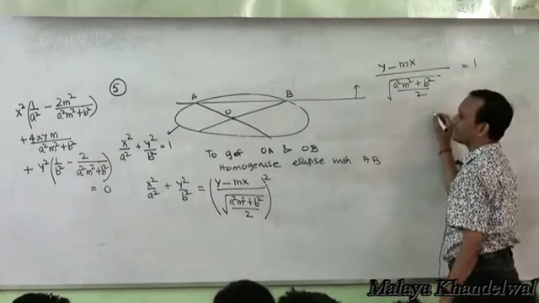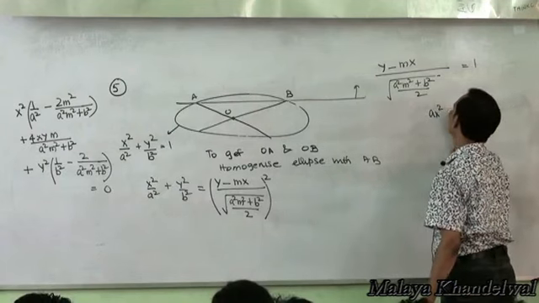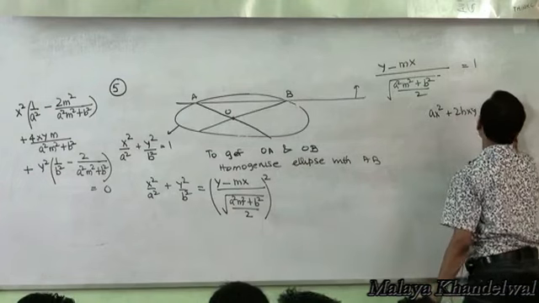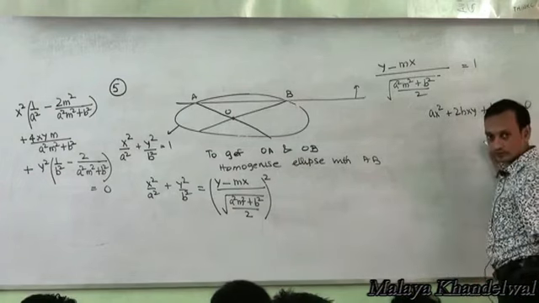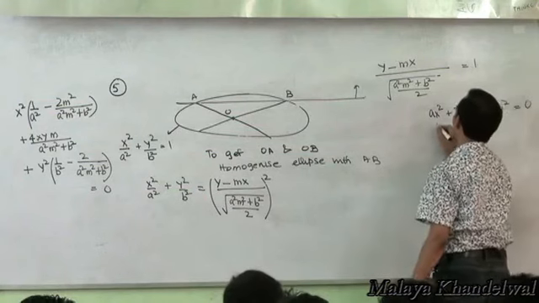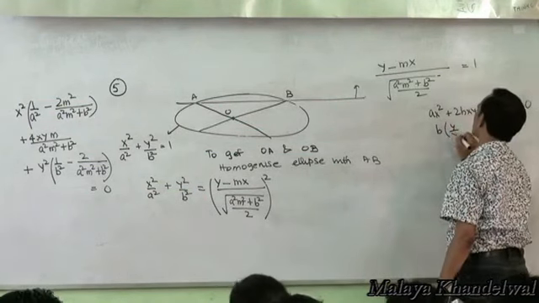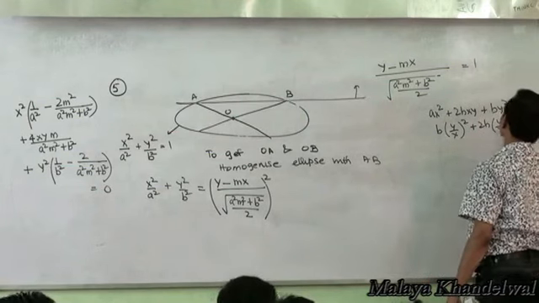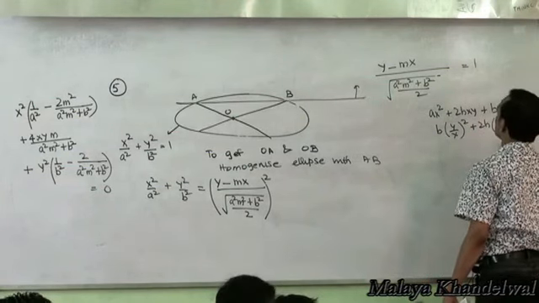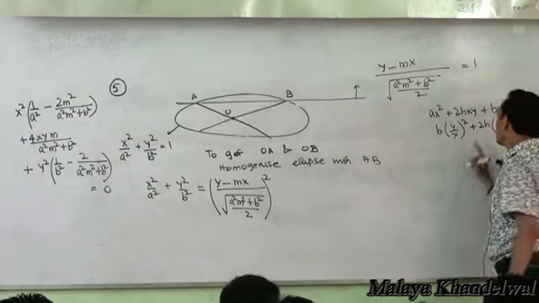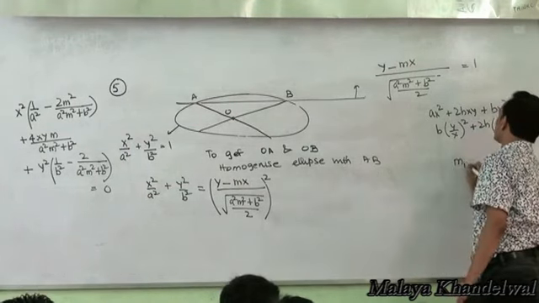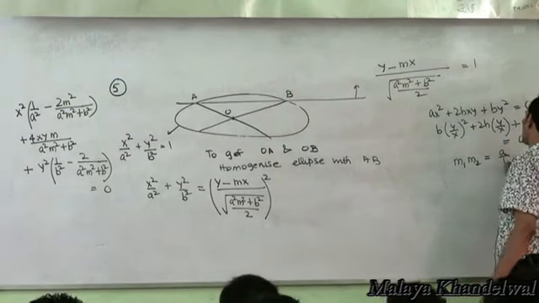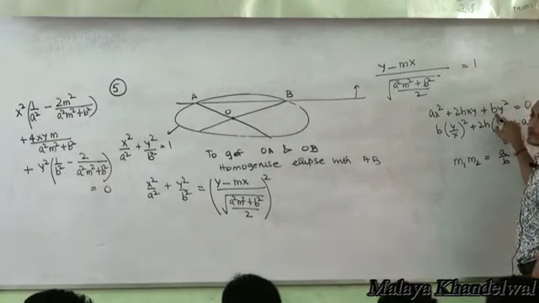If I have a line pair of the form ax squared plus 2hxy plus by squared equal to 0, then on dividing by x squared, I get b into (y by x) whole square plus 2h into y by x plus a equal to 0. The product of the slopes of these two lines is a by b: coefficient of x squared divided by coefficient of y squared.